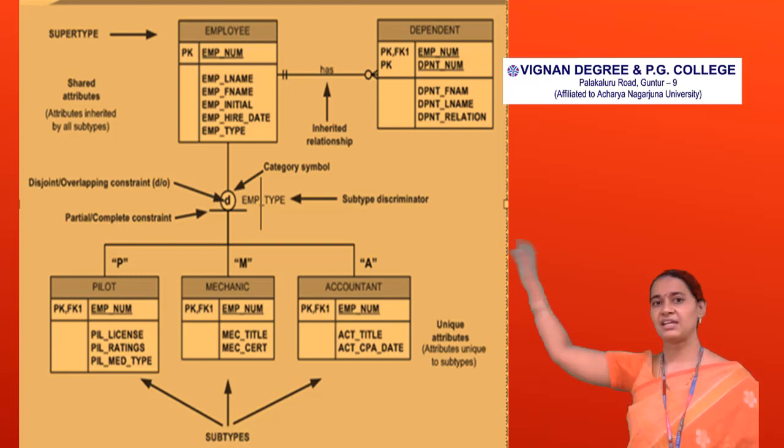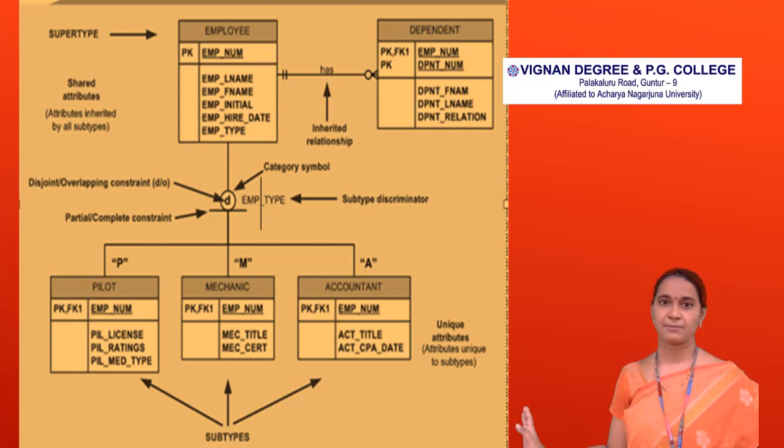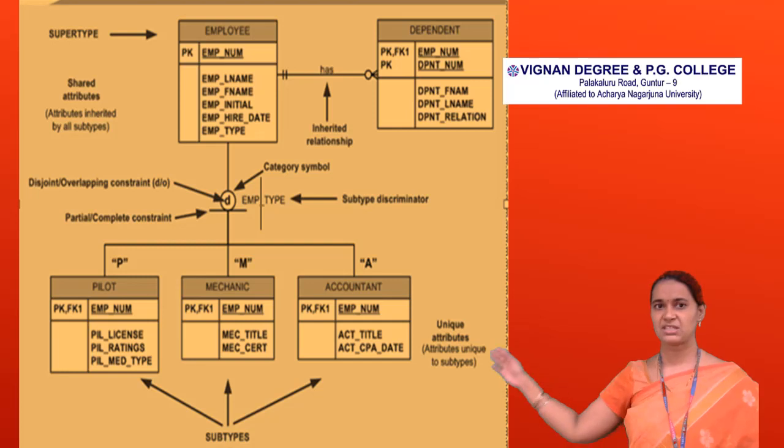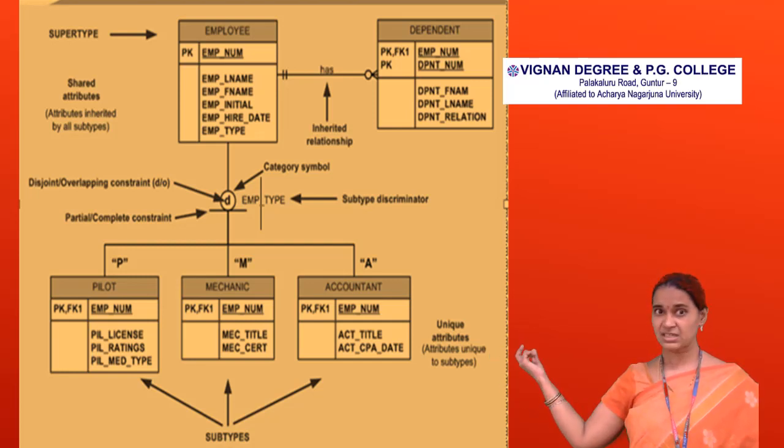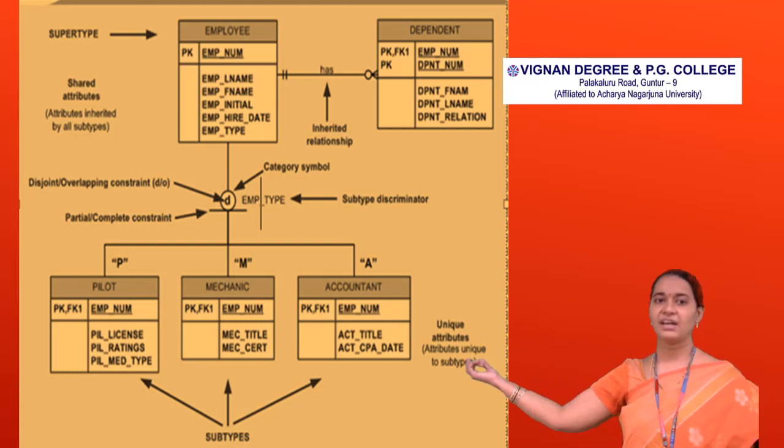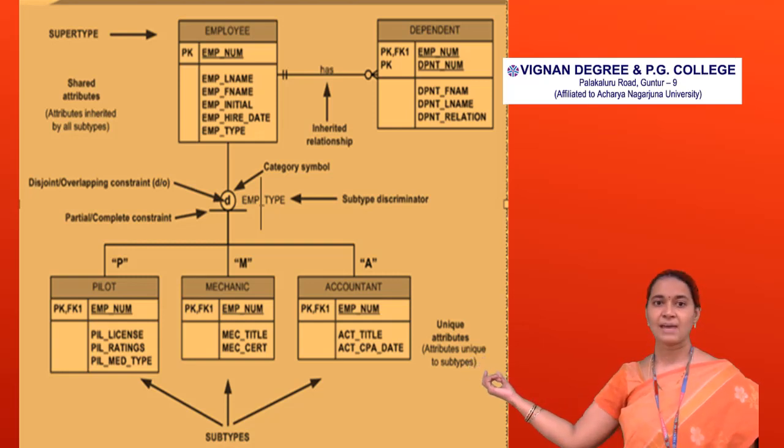This is how we represent the employee supertype and the subtype entities. Let us now discuss in detail this subtype discriminator, which can be divided into a disjoint constraint, overlapping constraint, partial constraint, or completeness constraint.